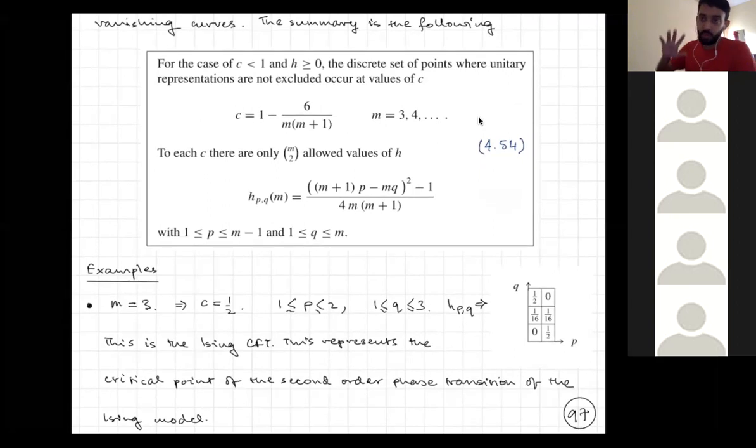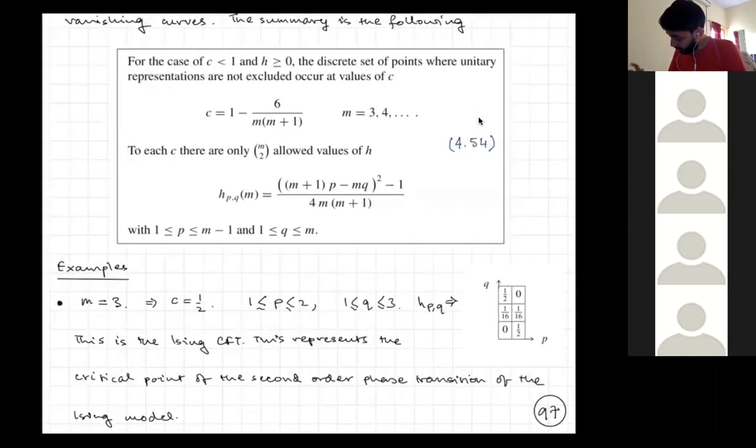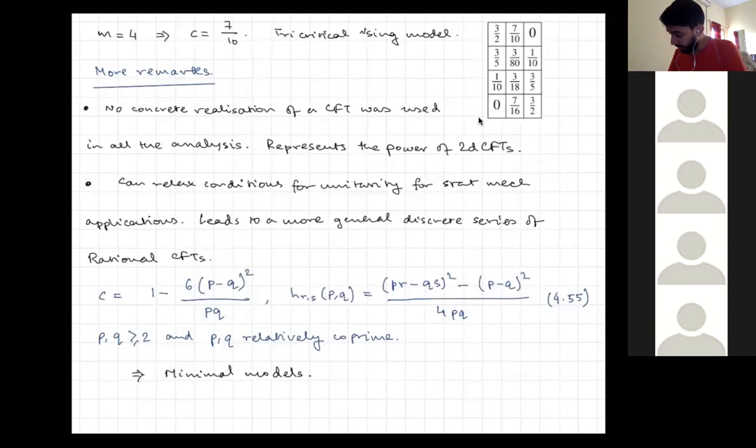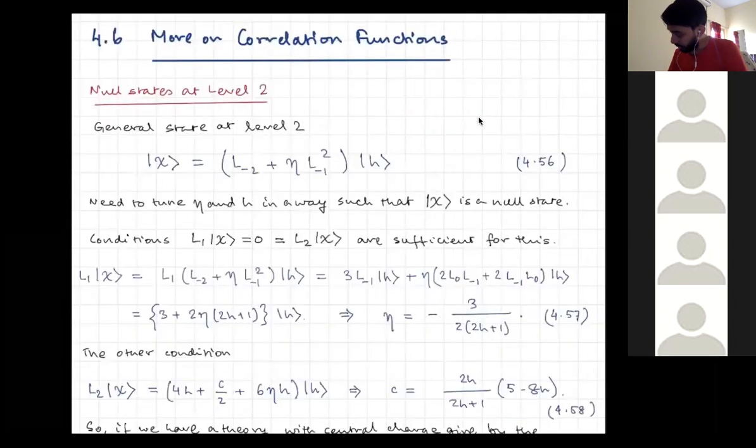I'll only be giving you a glimpse of this, and we won't have time to actually do this much more. But minimal models, there is a whole lot of stuff that you can actually do here. Okay. So that was one, and then there was a tricritical Ising model. There's something called the Potts model, and so on and so forth. This one is not that important.